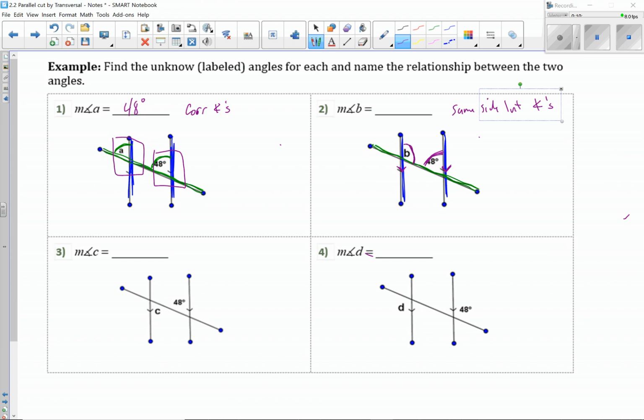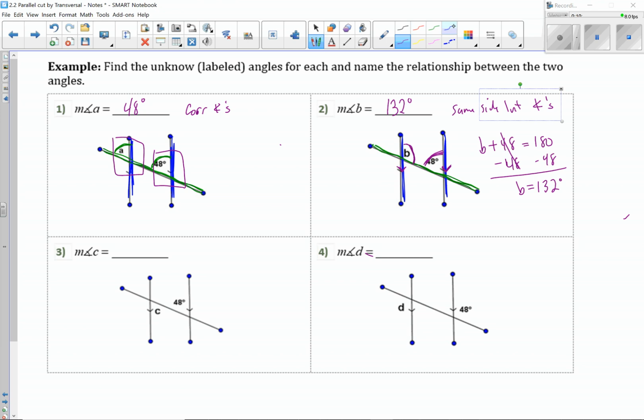So now I know that B plus 48 has to equal 180 degrees. To solve this, I can simply subtract the 48 from both sides. So B is going to equal 132 degrees. So I can answer the question by saying angle B is equal to 132 degrees.